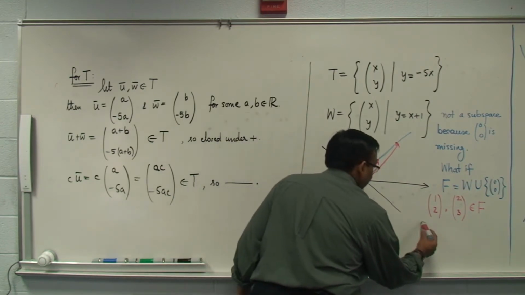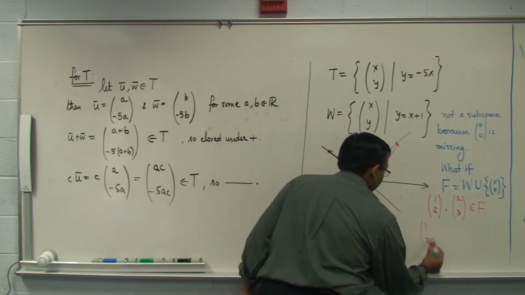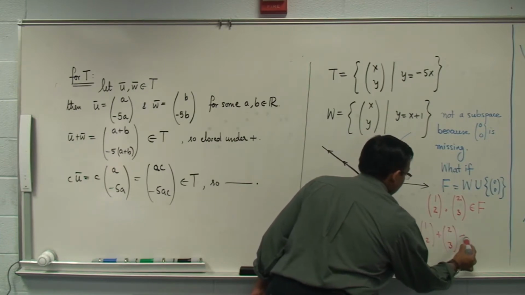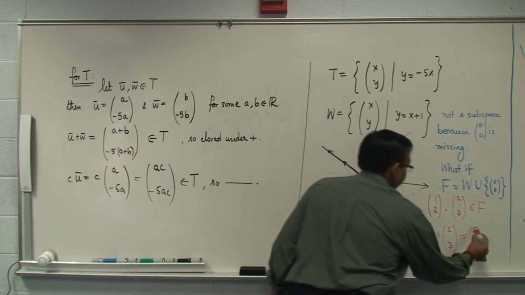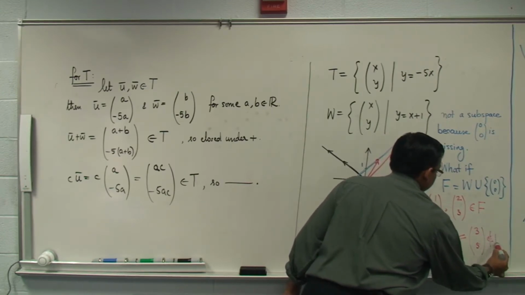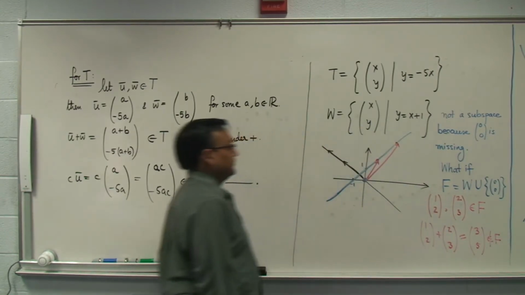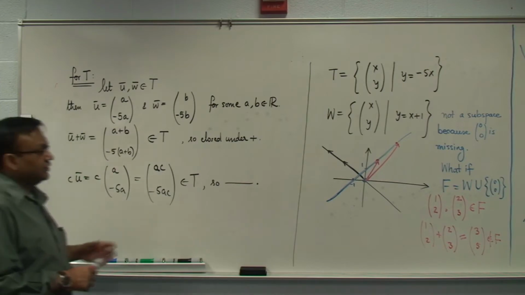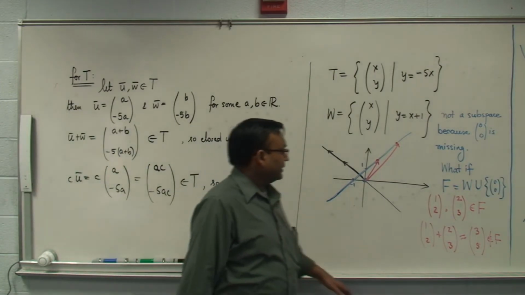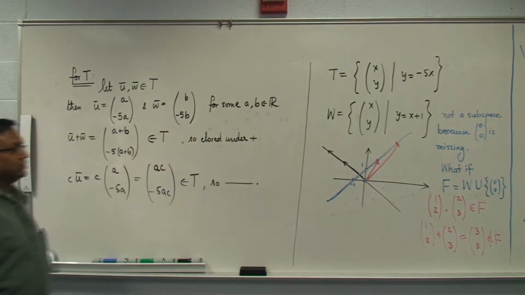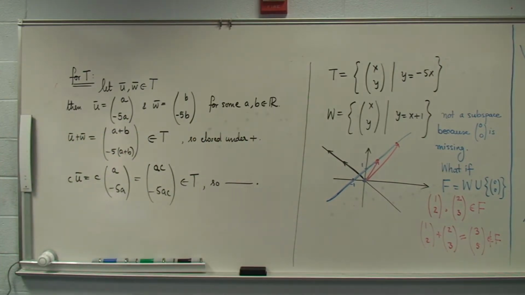But what if I take the sum of these two? (1, 2) plus (2, 3) will give me (3, 5). Now this definitely does not belong to F, because the y component is not one more than the x component. So it has gone out of the space. So zero was not the only thing it was lacking. Even if I supplied zero, it is not closed under vector addition. Hence, it cannot be a subspace.